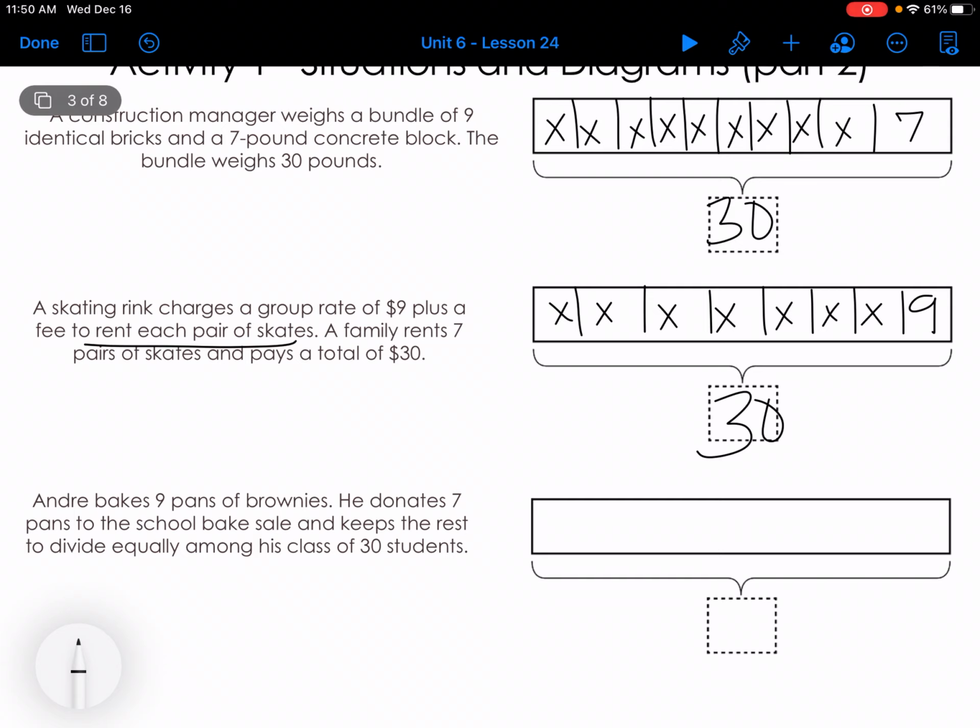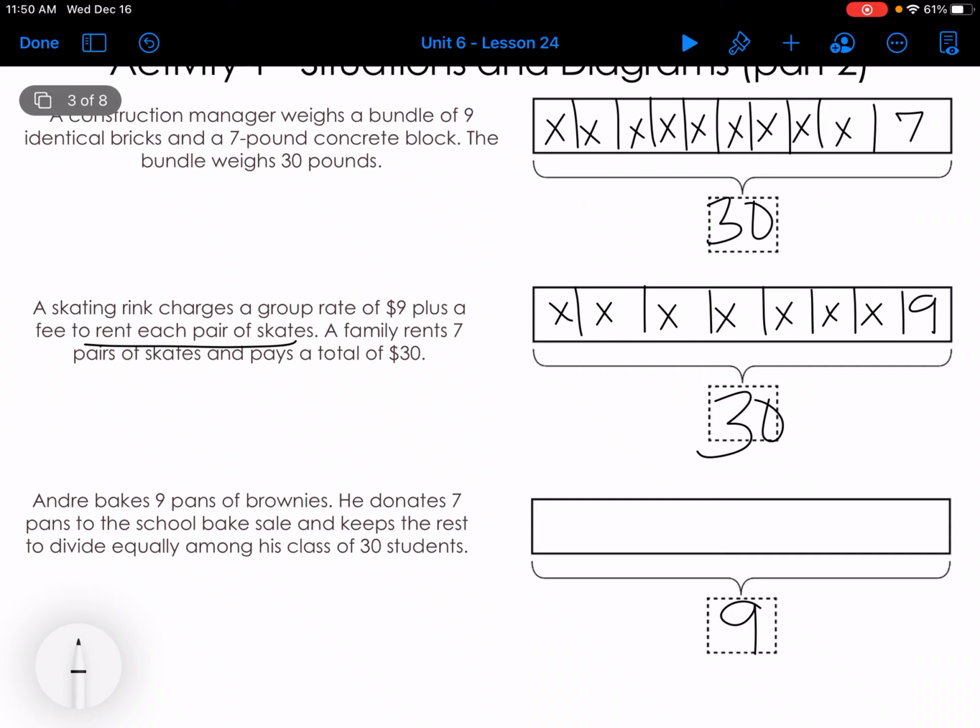Okay, and then the last one, Andre bakes 9 pounds of brownies. He donates 7 pans to the school bake sale and keeps the rest to divide equally among the students in his class. Okay, so he has a total of 9.